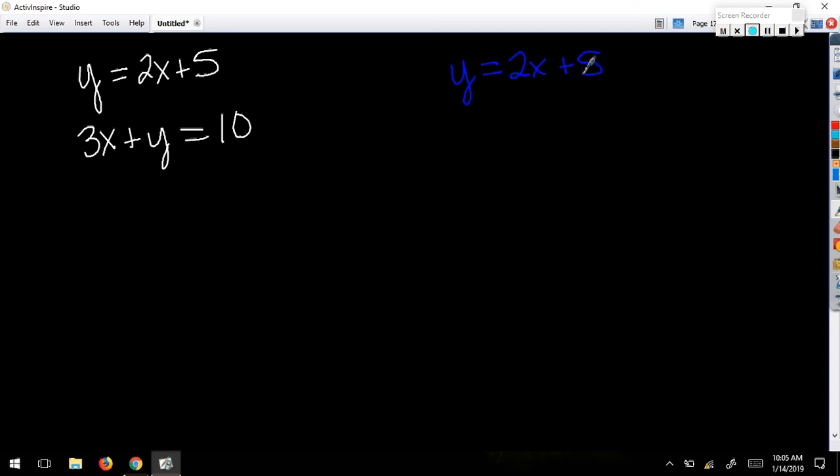So step 1 in this case is done for us, which makes life easier, right? So now, where do we plug this in? Where the y's at in the other equation, right? You always have to go to the other equation. So the other equation is 3x plus y equals 10.